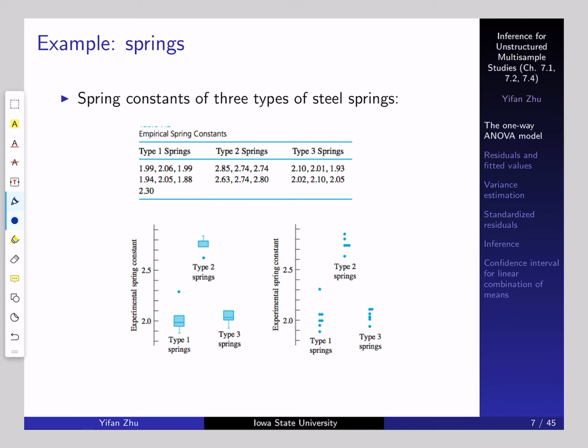Okay, that is the concrete example, and here is another example, the springs example. There are 3 types of steel springs: type 1, type 2, and type 3. And we have some observations for each type of spring. For type 1, N1 is 7, N2 for type 2 is 6, and N3 is also 6.